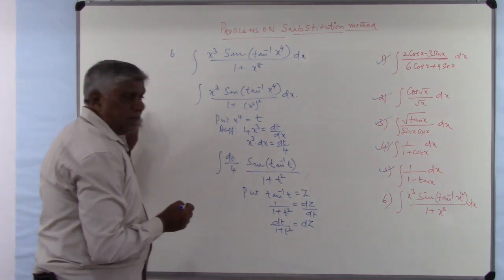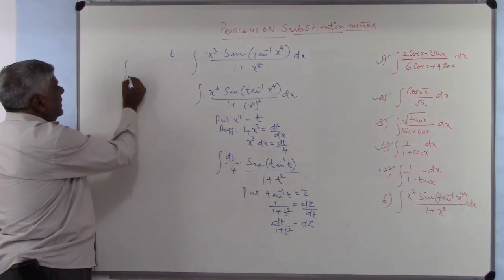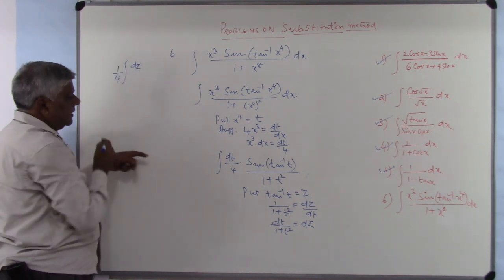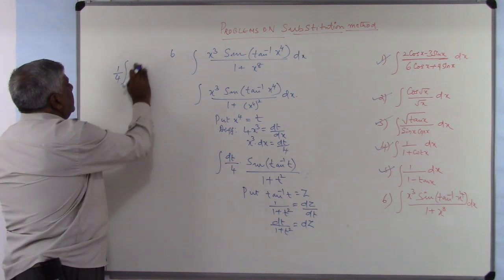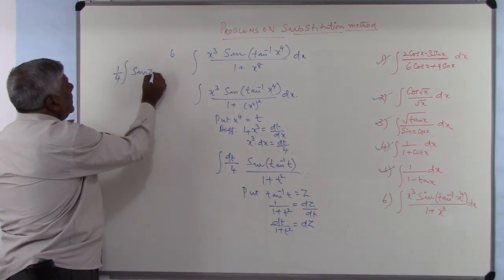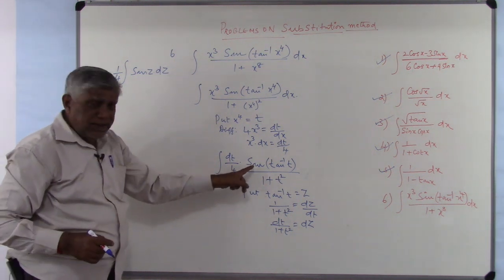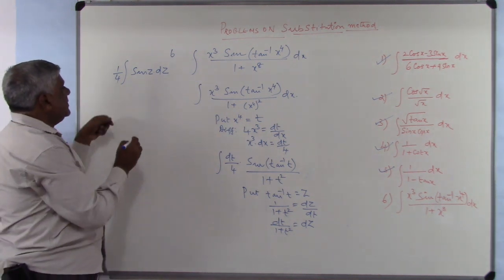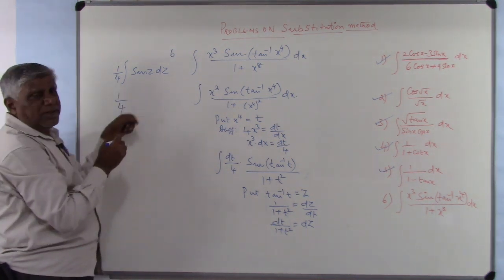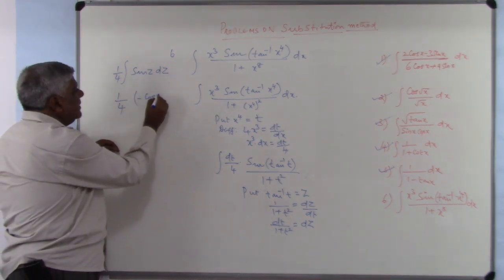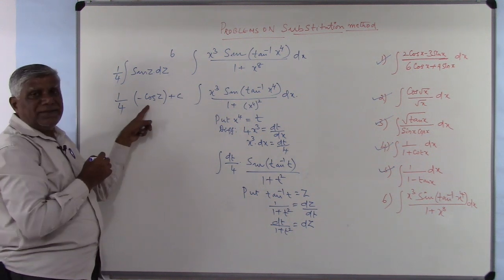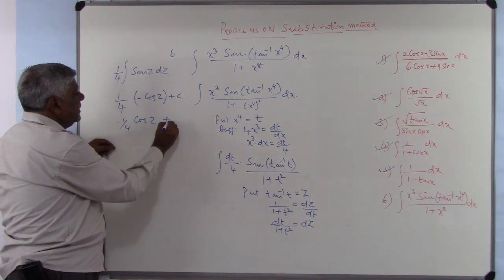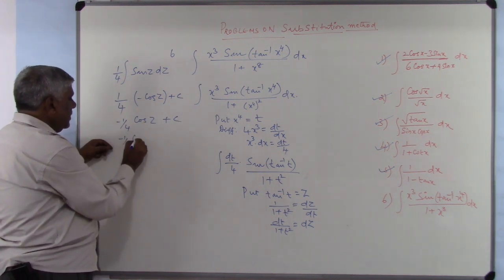Now integral, we will write 1 by 4 here. This 1 by 4 I have taken. We will write sin z dz. Will you agree? Sin z into dz. So what is the integral of sin z dz? Minus cos z plus c.